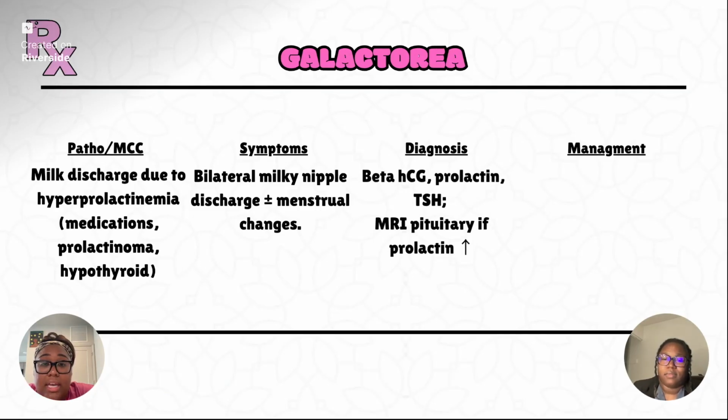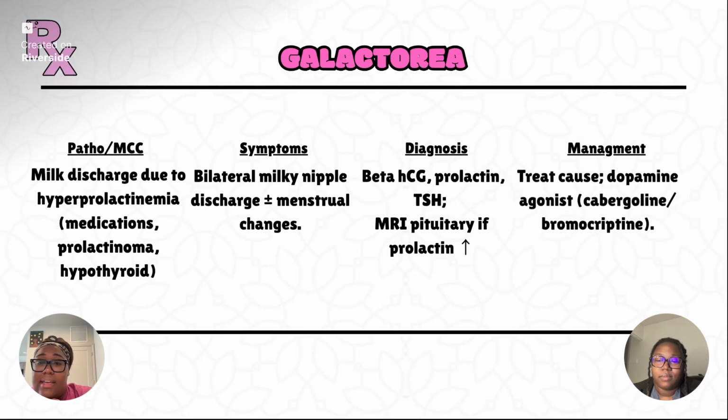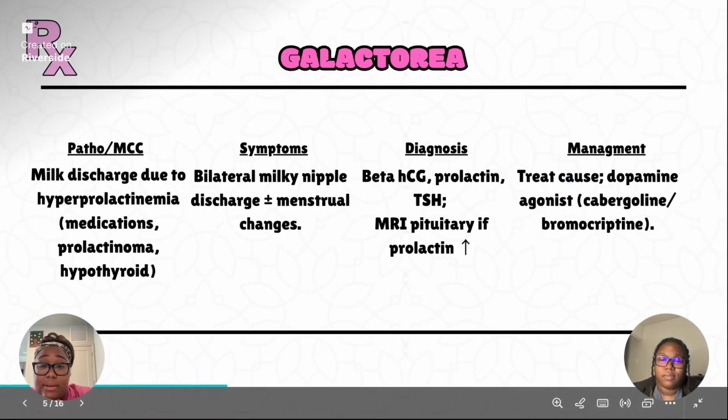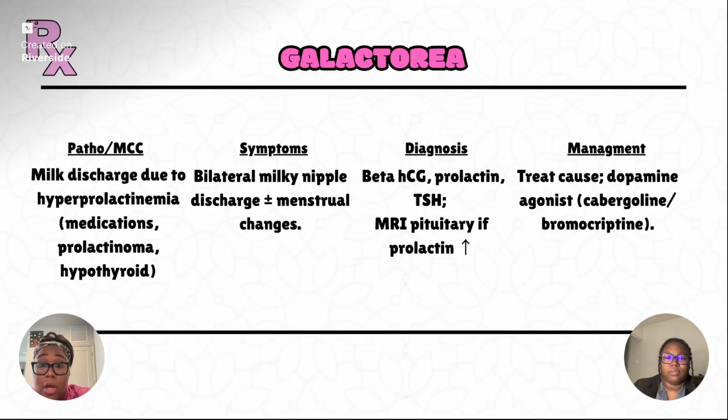For diagnosis, the labs you want to check are beta HCG, prolactin level, and TSH level, and then an MRI of the pituitary if prolactin is elevated, to see whether there is a tumor causing the elevated prolactin, which usually it is. Treat it by removing the prolactinoma, which is the cause, and with a dopamine agonist, cabergoline and bromocriptine.